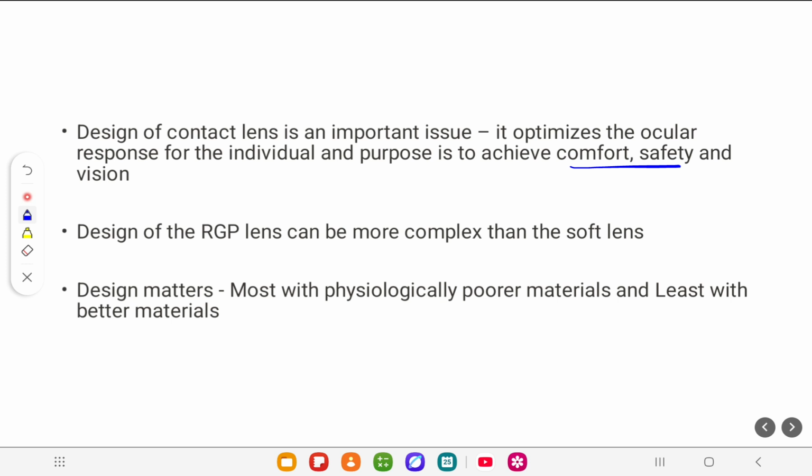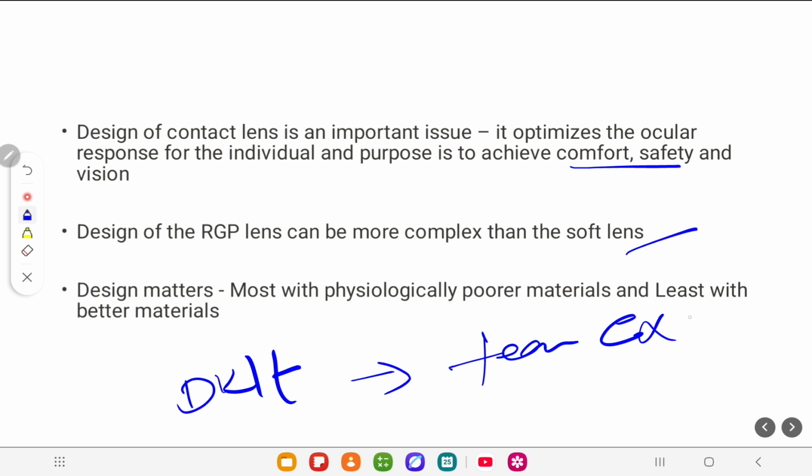The design of RGP lenses can be more complex than soft contact lenses. Yes, the design matters most with a physiologically poorer material and least with a better material. It doesn't matter whether Dk/t is high or low, but if Dk/t is low, we have to rely on tear exchange for oxygen exchange.